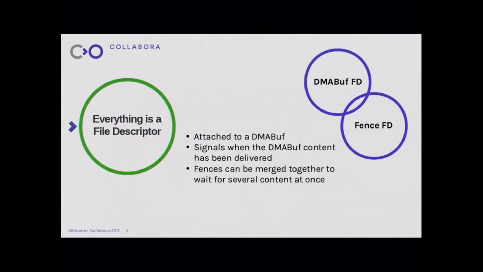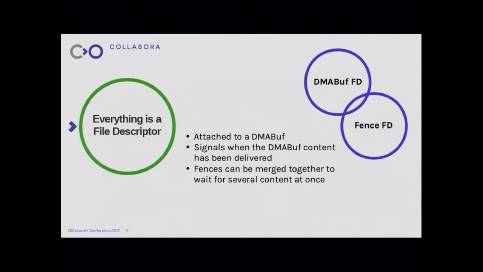In Linux, everything is a file descriptor, so yes, the DMA fence is a file descriptor. So if you have a DMA buf that is exported with a fence, you actually have two file descriptors. It's associated, attached to a DMA buf, but not really directly. But there's a link between them at the driver level.